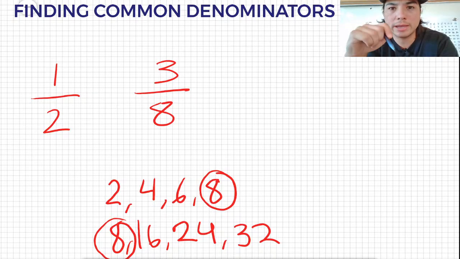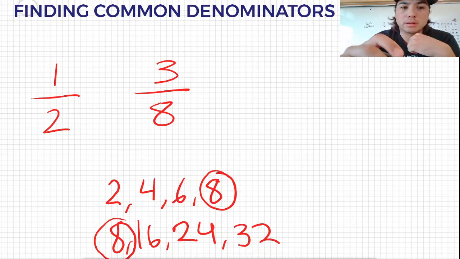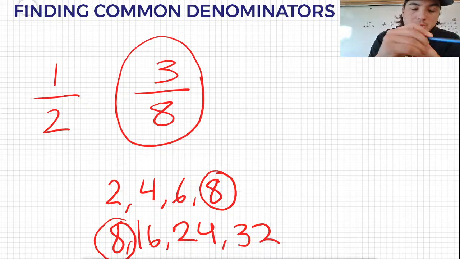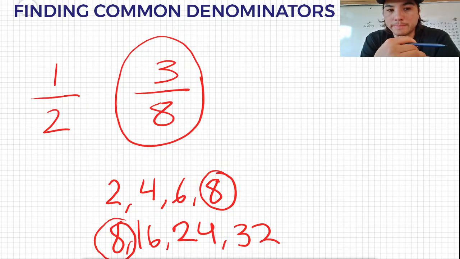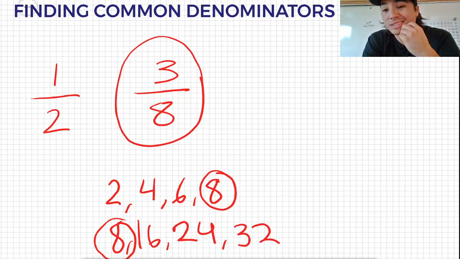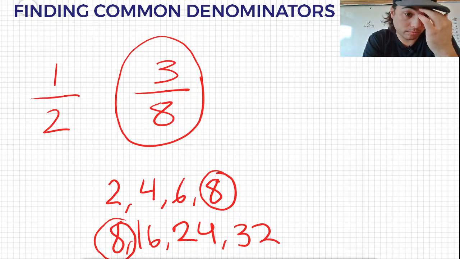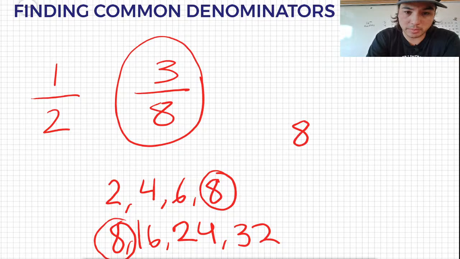Okay, I see some 4s in the chat. The reason why 4s don't work, let's look at this fraction of 3/8. If we want to change our 1/8ths into 4ths, we have to divide by what? 8 divided by what equals 4? We have to divide by 2, right? Because 8 divided by 2 equals 4.